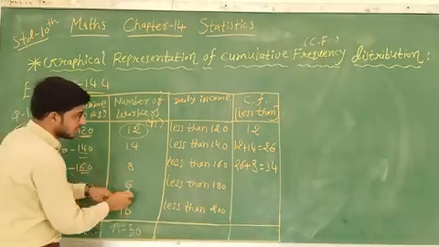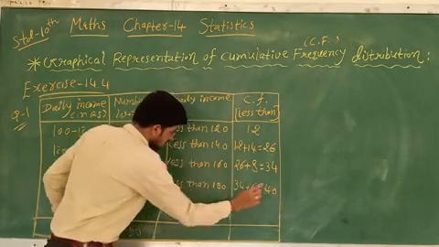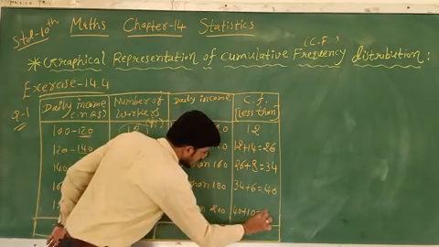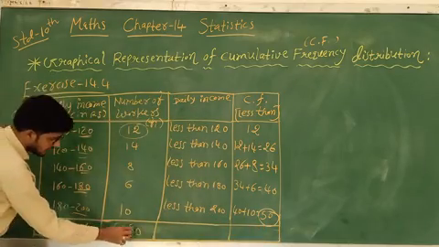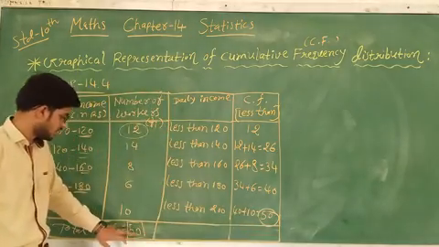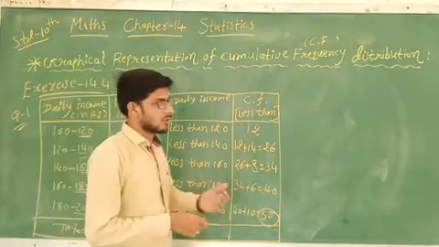Next 34 plus 6, so 40, and last 40 plus 10, 50. It gives the total number of workers, 50. You can check, exactly 50 here also. Next we have to draw an ogive.